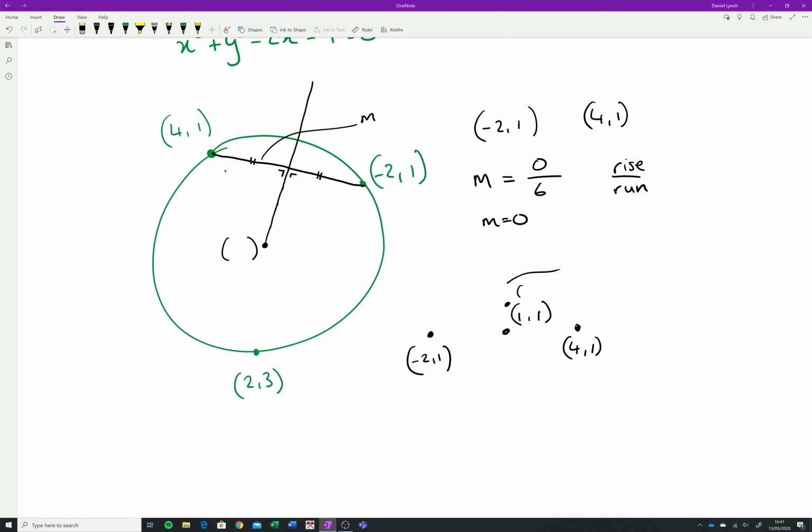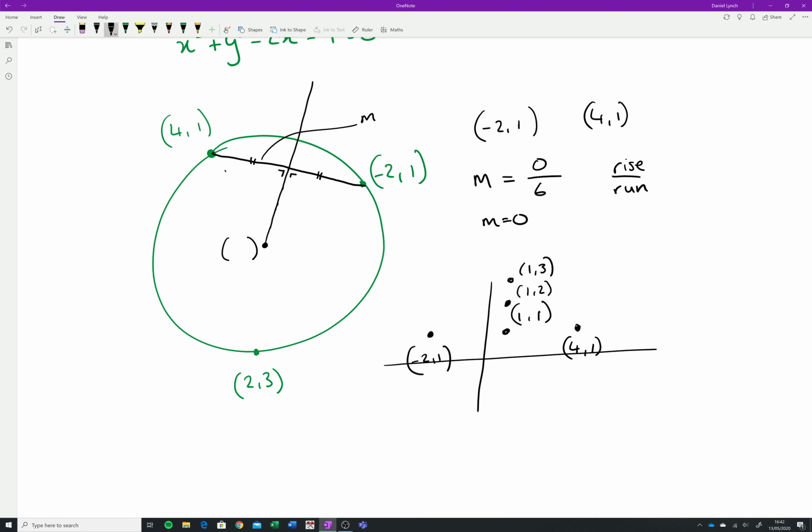It's probably better if I actually draw in the real axis. Okay, so if you imagine that this is our x-axis and this is our y-axis, something like that. This point here would be 1, 2. Next point would be 1, 3, etc.